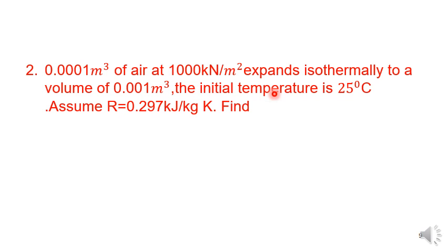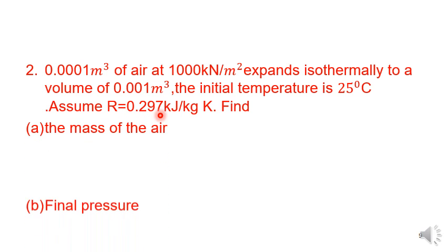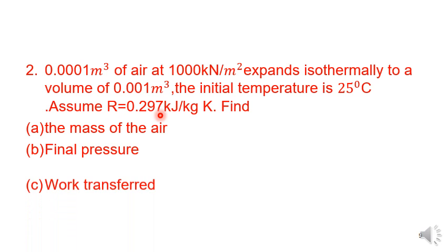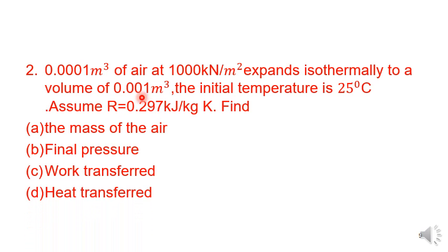The initial temperature is 25 degrees centigrade. Assume R value 0.297 kilojoule per kg Kelvin. Find the mass of the air, final pressure, work transferred, heat transferred.